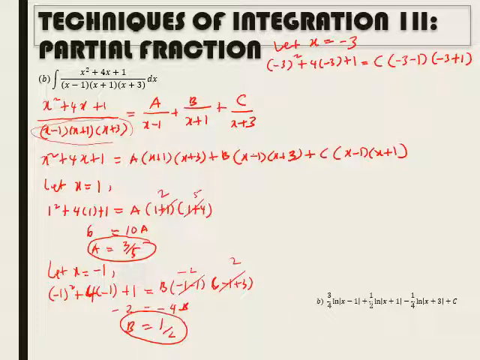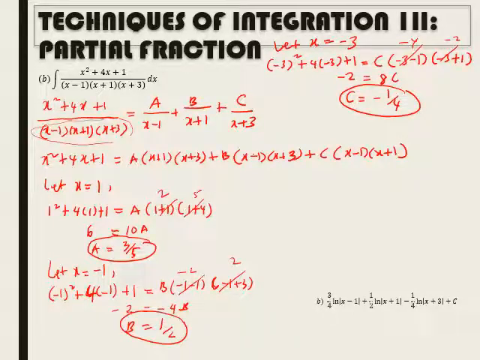So here is 9 plus negative 12 will be negative 3, plus 1 will be negative 2. And here is negative 4, here is negative 2, so it will be 8c. So c is equal to negative 1 over 4.